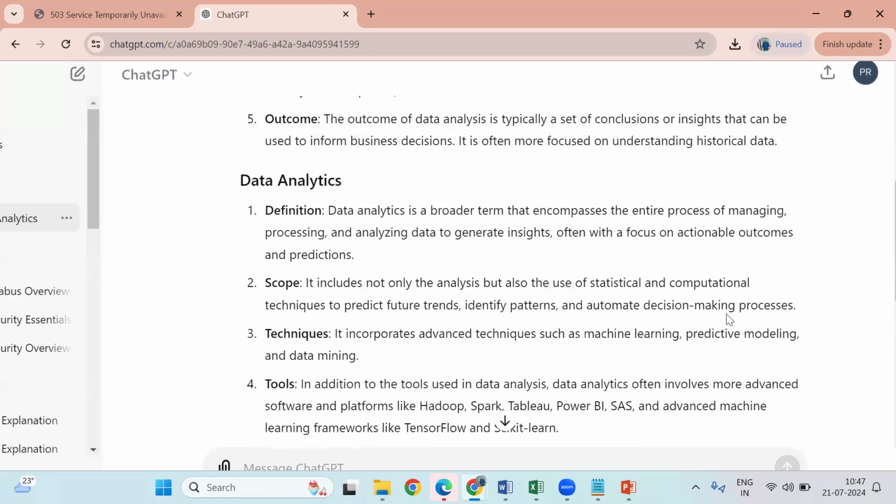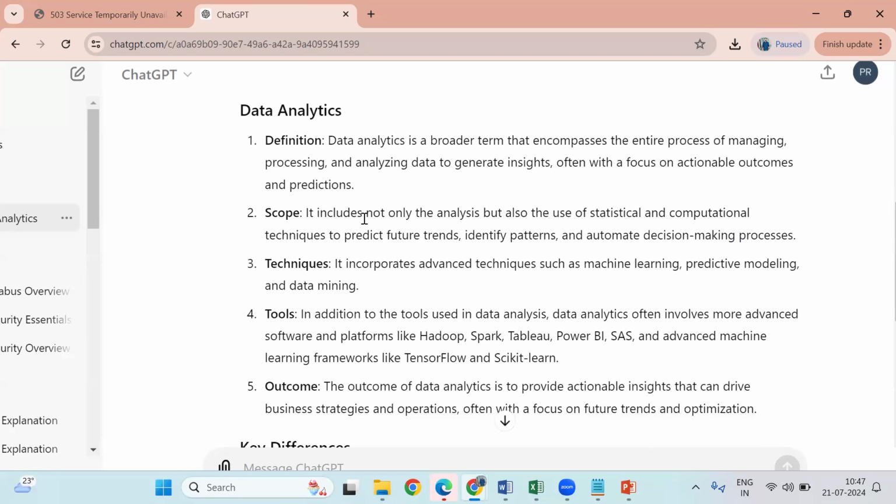Both are equivalent only, but mainly it will come as data analytics. Wherever we go, we will not say data analysis jobs; we will say data analytics jobs. Data analytics is a superset of data analysis, and data analysis is a subset of data analytics.